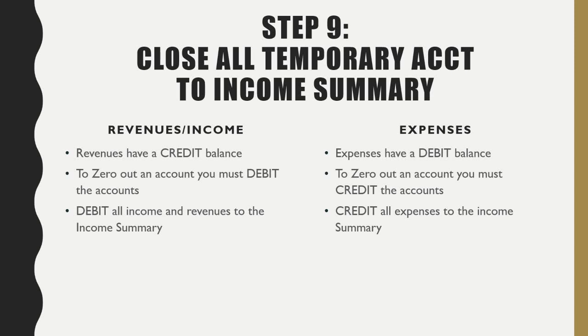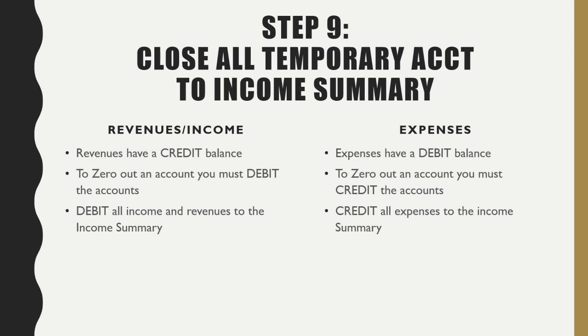So in order to zero out a credit, the simple answer is you're going to debit the account. So you're going to be debiting all of your revenues, okay? For your expenses, you're going to be crediting all of your expenses. And where are you going to be placing them all into? We have an account called income summary, all right?